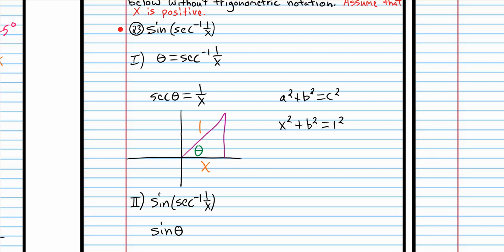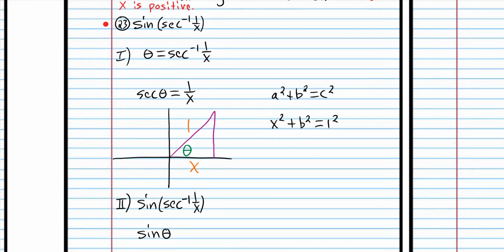And c will be the hypotenuse, it's 1. So then we have x squared plus b squared is equal to 1. And then we're going to subtract x squared from both sides. And we get 1 minus x squared.